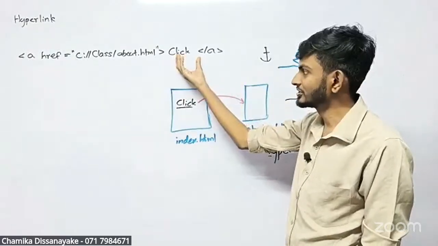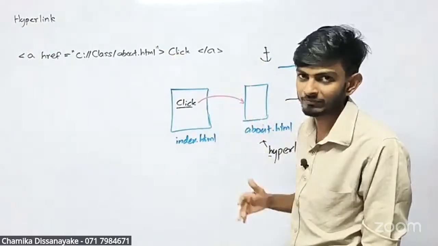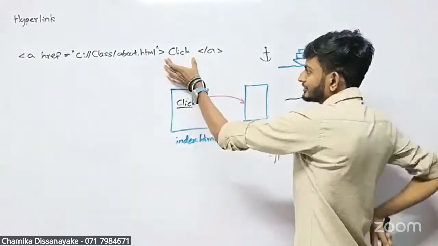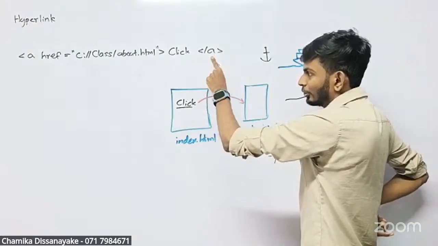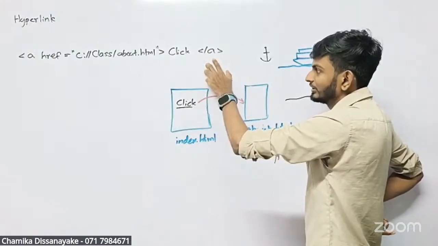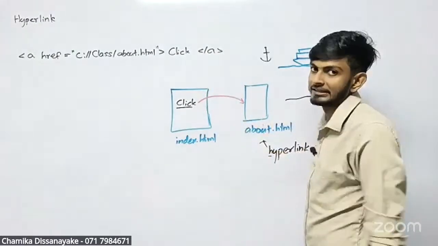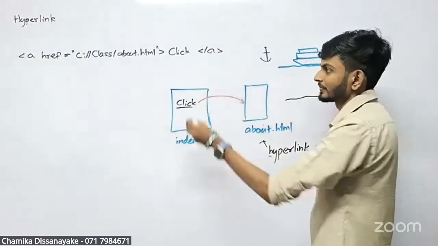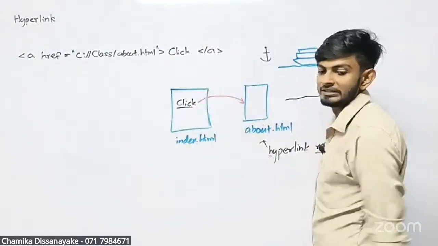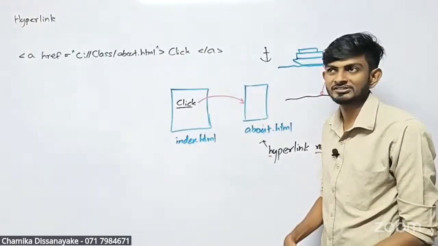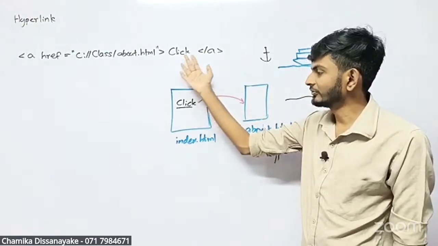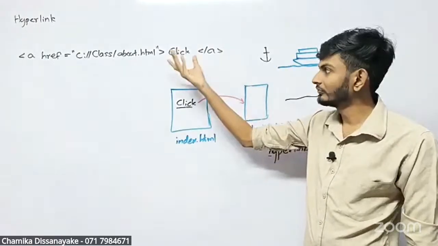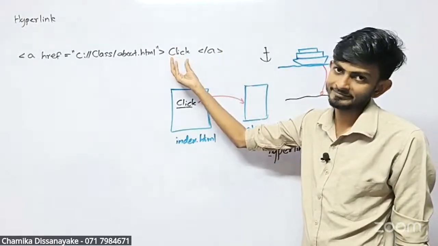Then we can put any words or something. Here I have put 'click word', and then I included the closing tag of that anchor. Which means this click word will be included as a hyperlink. If we put several words here, all those words will become a hyperlink, right?